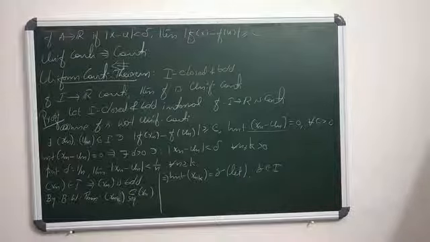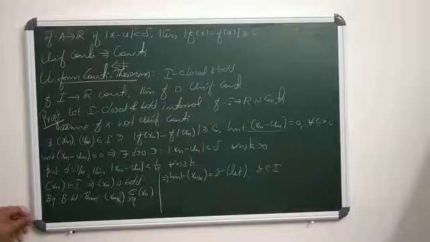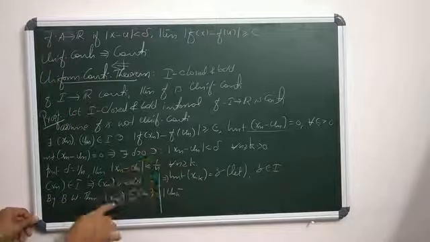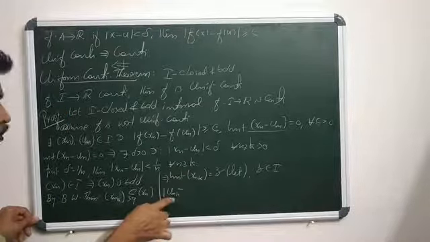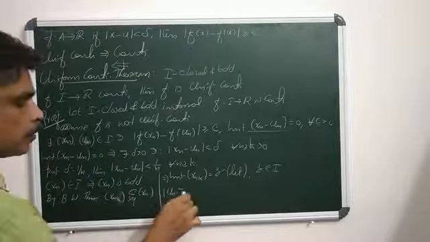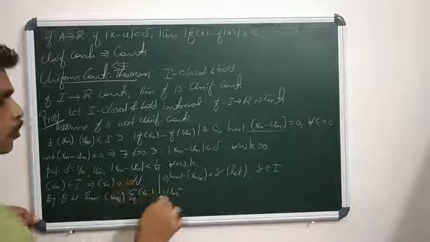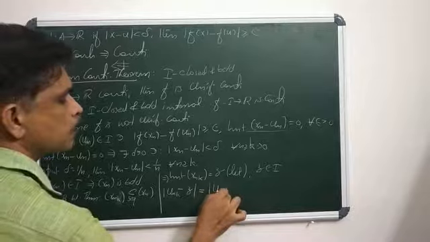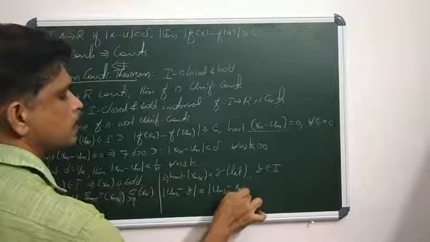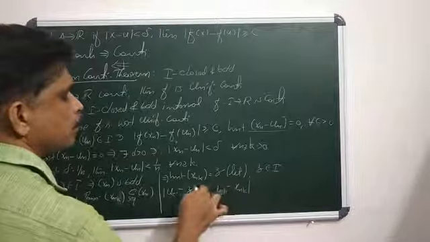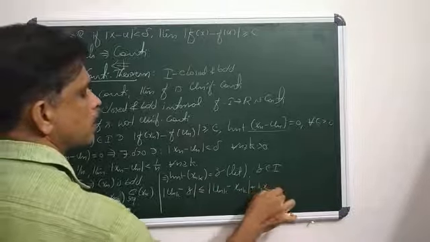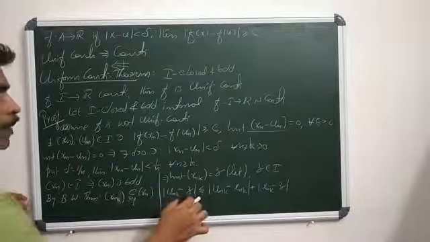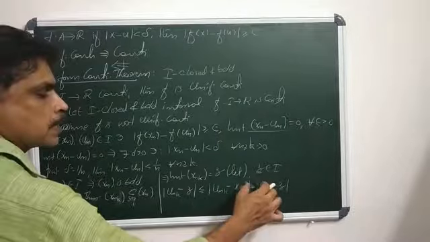Now, what about unk? Xnk is a subsequence of xn, and in a similar way unk is a subsequence of un. What is modulus of unk minus z? Modulus of unk minus z equals modulus of unk minus xnk plus xnk minus z.